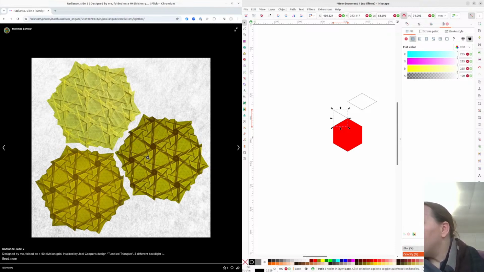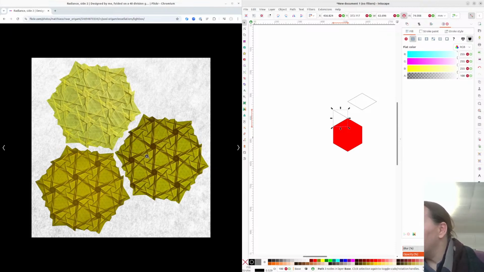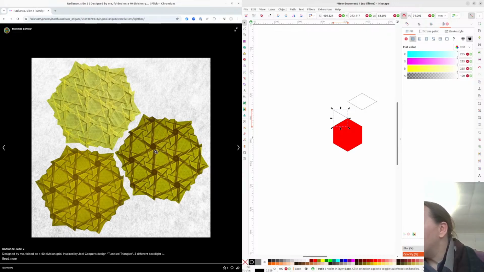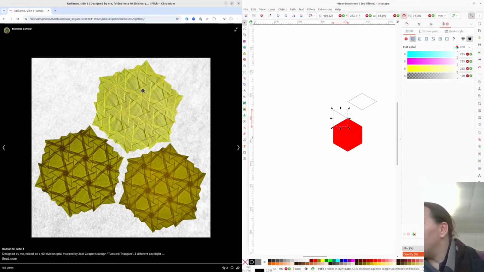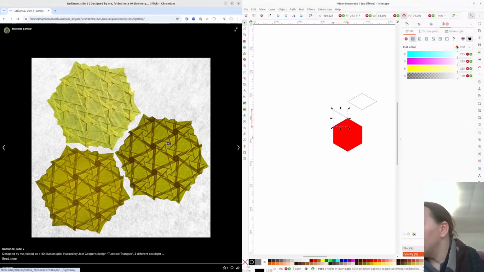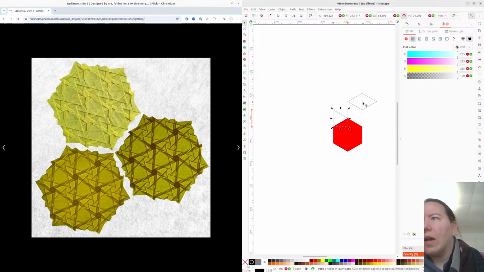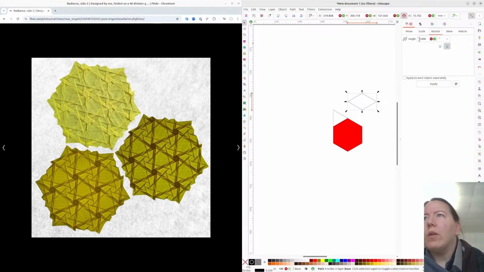And while I'm here, I'm also going to take a look at what shape is between the rhombus and triangle that we saw on the other side. So between this rhombus and triangle, there is a triangle on the back. And so I can say, okay, this guy is going to connect like this.